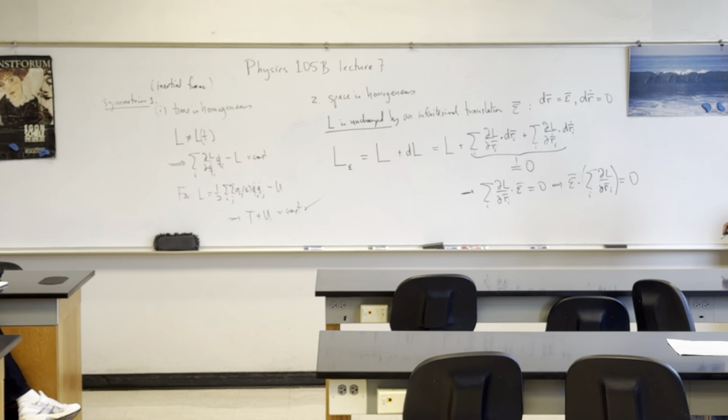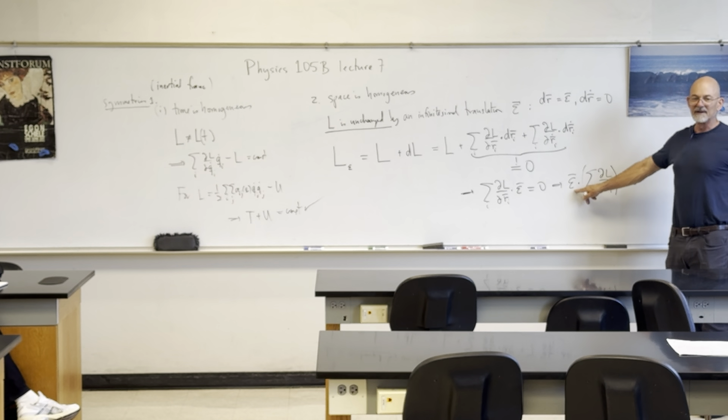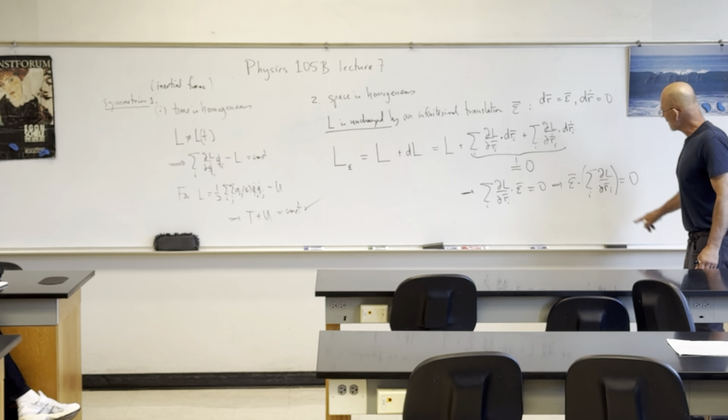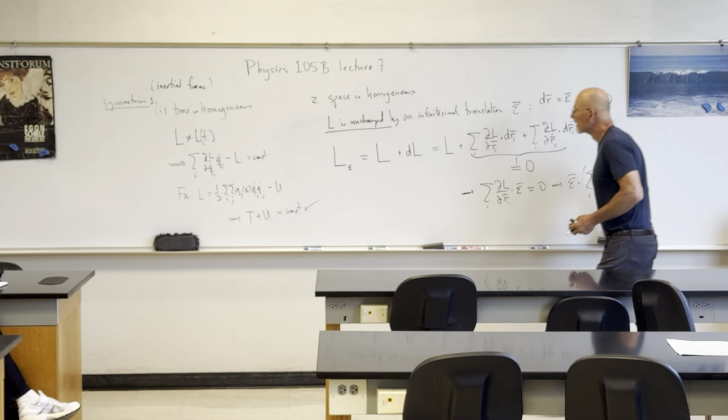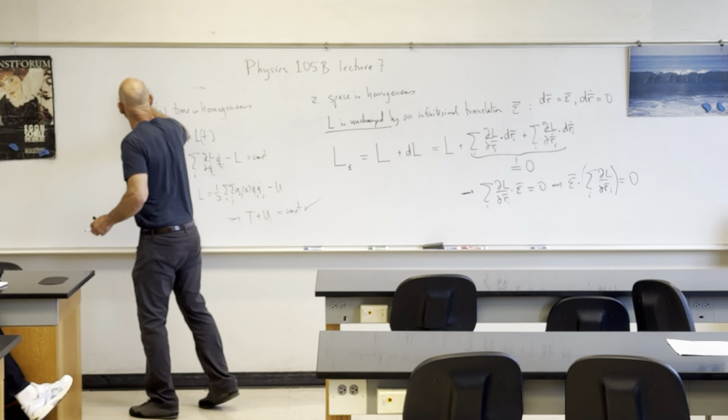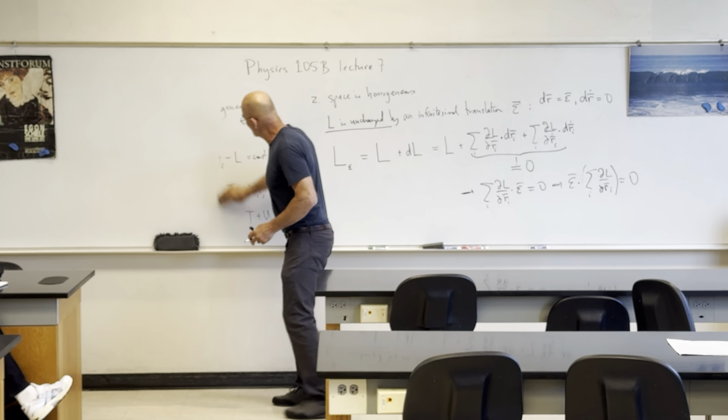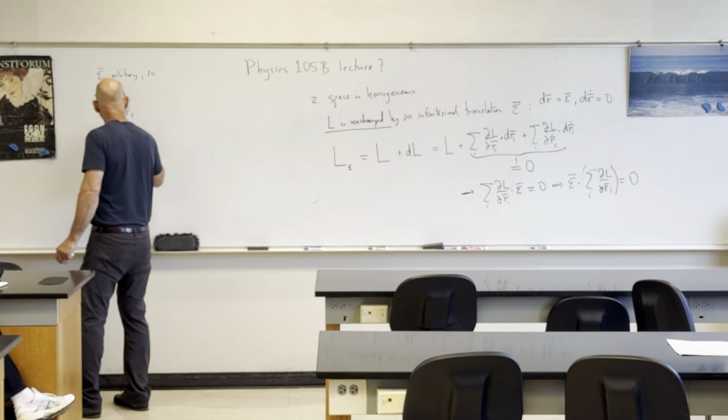So now we do an argument similar to the fundamental lemma in the variational calculus. Namely, this thing is arbitrary in direction. Therefore, when it's multiplying, the rest has to be 0. Let me come over here to the left. So, continuing the argument, epsilon is arbitrary, so the sum of partial L partial r_i equals 0.